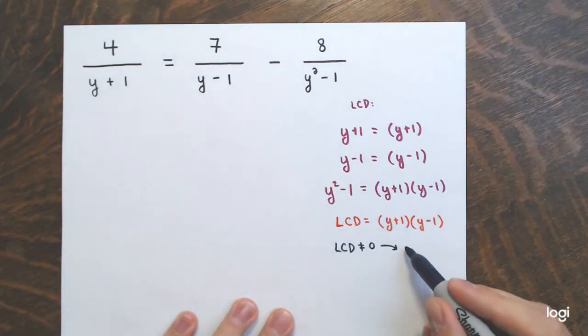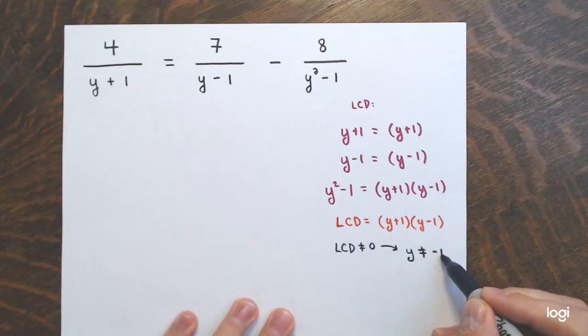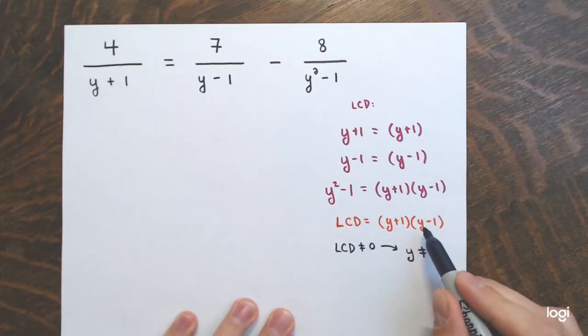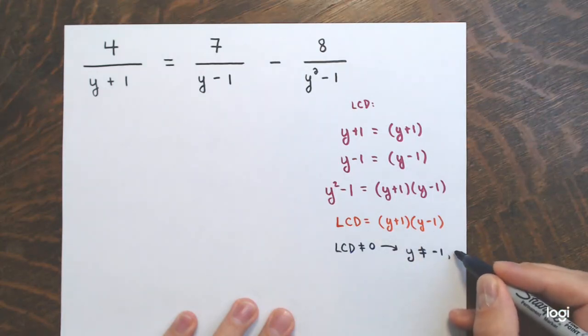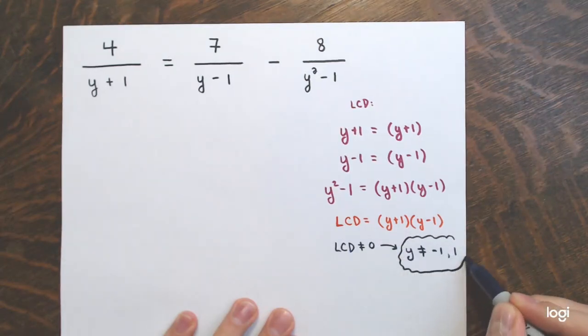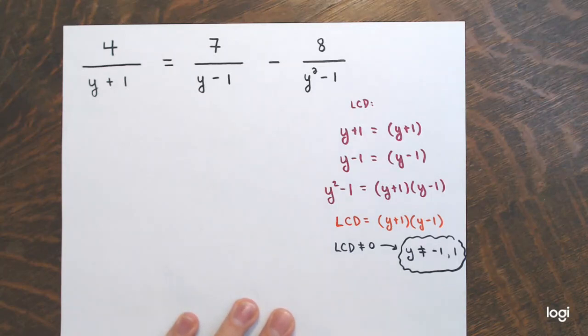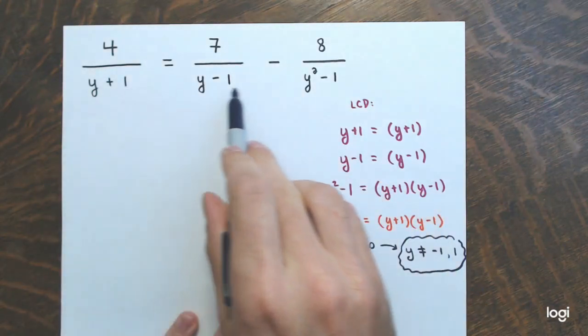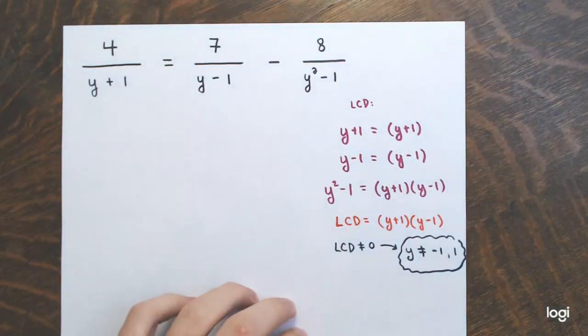I'm seeing a factor of y plus 1, so y cannot be negative 1. That'll make that factor 0. I see another factor of y minus 1, so y can't be positive 1 either. Keep that in mind as we go through. These will make the LCD 0, and they make some of these denominators 0 back in the original problem, and that's no good. You can't divide by 0.